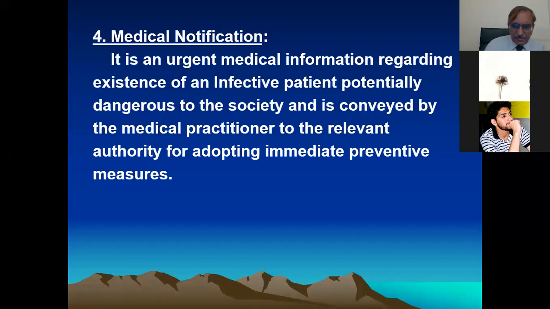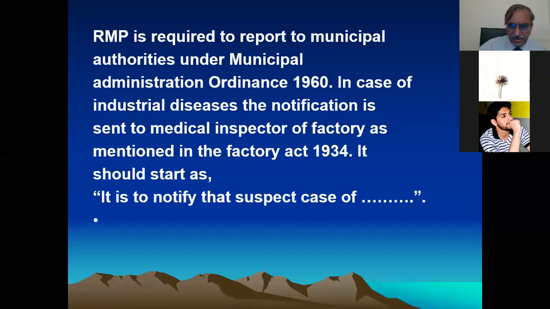is a risk factor for a particular area, for example he is a cook working in some hotel, then that particular hotel manager should be informed that the person is suffering from such an infective disease, and he should be kept away from the job so that this infection may not spread to other persons in that area.